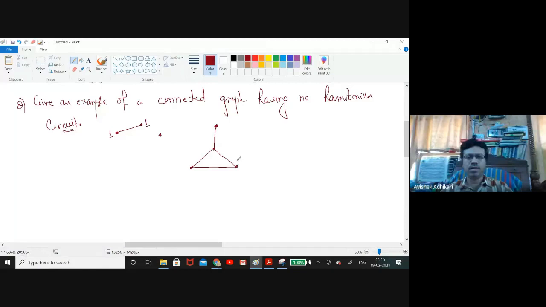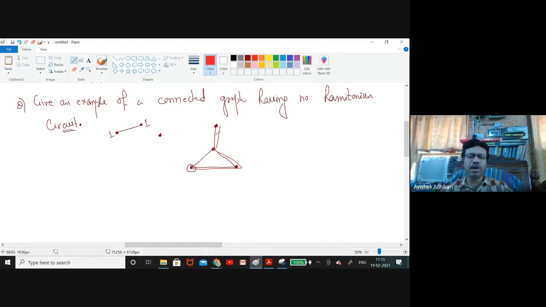If I have this, will it be possible to come back here? Suppose you start with this. If you go somewhere, say here and then here and then here, then you will not have any opportunity to come back here without exploring any of this path.